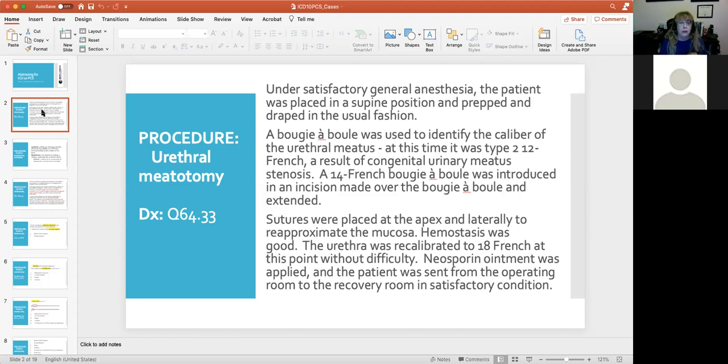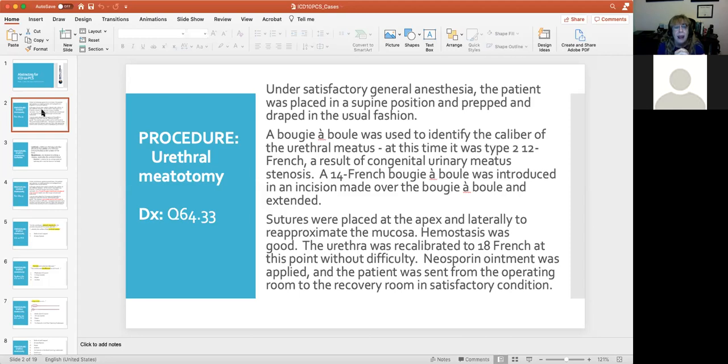Okay. So we have a couple of things here, and one of the reasons I chose this is because there are a lot of fancy schmancy terms in here. If we start at the top, we have bougie a boule, and then we have urethral meatus, and that goes along with the procedure, which is a urethral meatotomy.